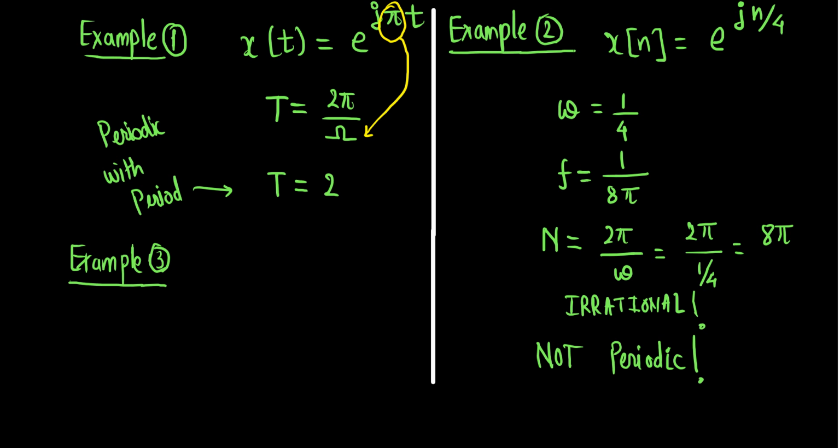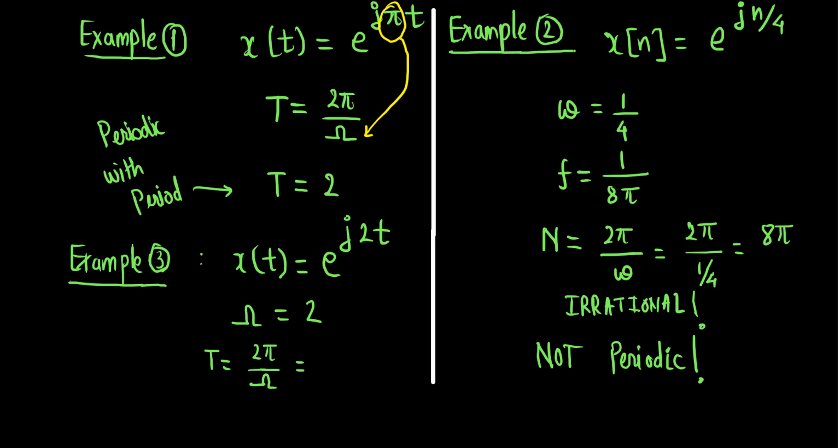If you have x of t equals e to the power j 2t, here capital omega is 2, and T, that is 2 pi by omega, is going to be pi. So this signal is periodic. There is no constraint of a rational number in the continuous time case.